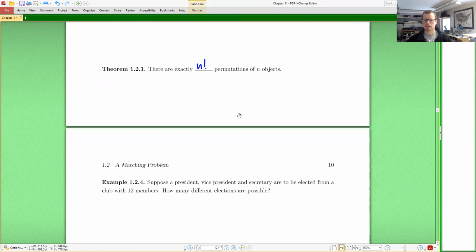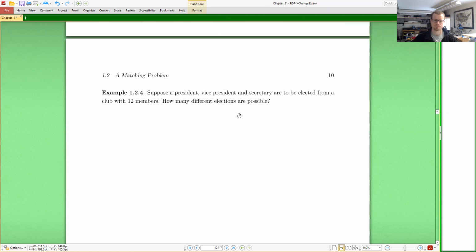All right, so let's take it one step further. Let's suppose that we want to choose a president, vice president, and secretary to be elected from a club with 12 members. How many different ways can we elect this president, vice president, and secretary? Well, I need to choose a president, a vice president, and a secretary. So I have 3 choices to be made. I have 12 options.